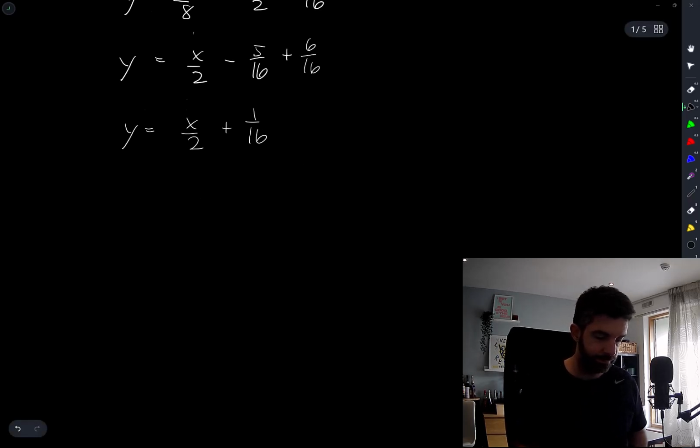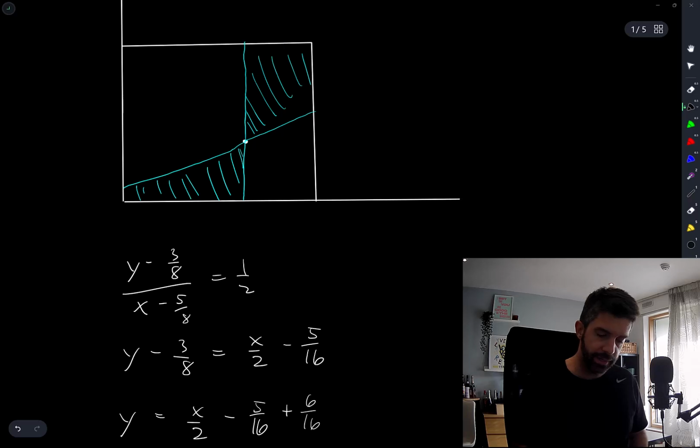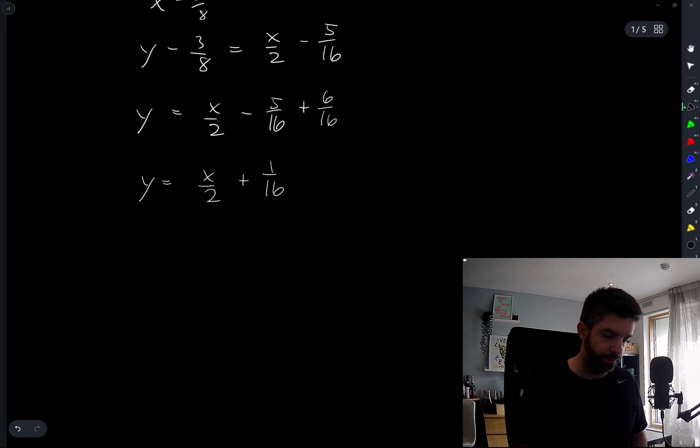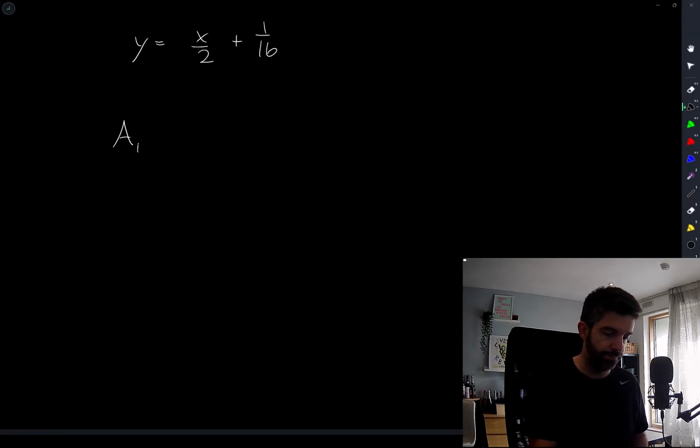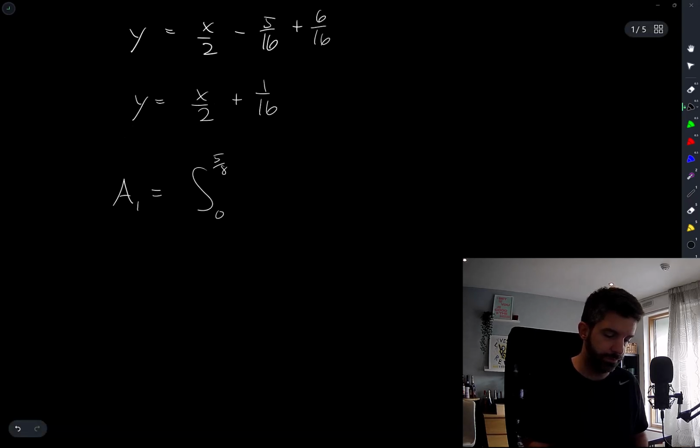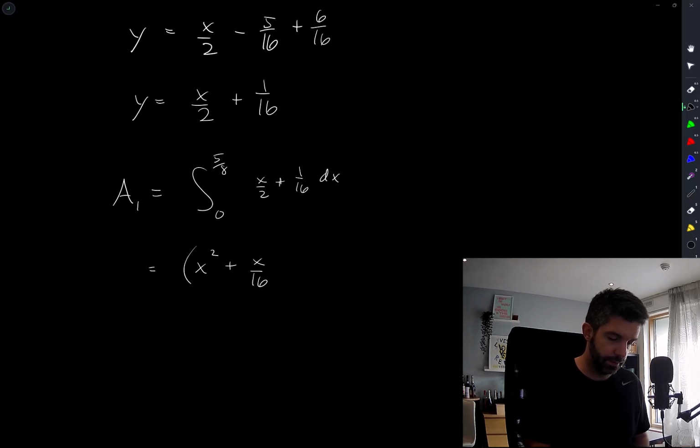Okay. So the area, I'll break it up into two areas, A1 and A2. A1 is equal to the integral from 0 to 5 over 8 of this function, x over 2 plus 1 over 16, dx. x squared over 4 plus x over 16, evaluated at 0 and 5 over 8.